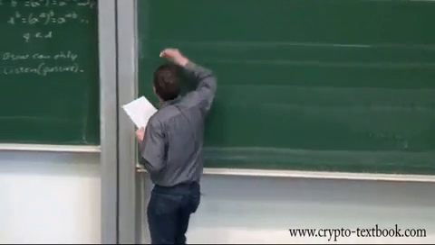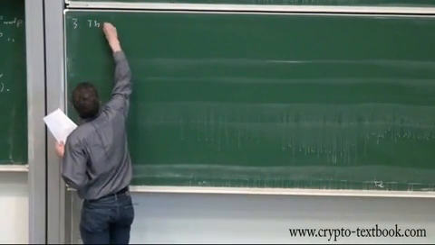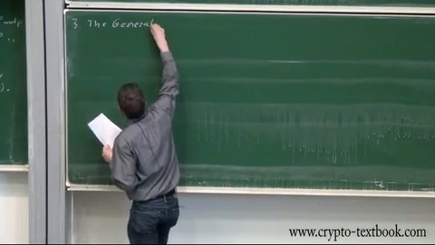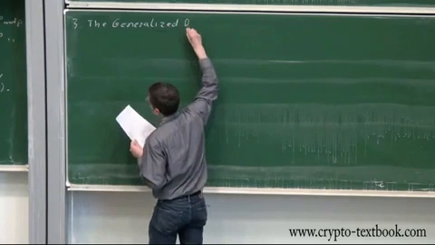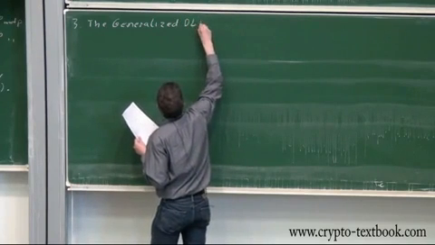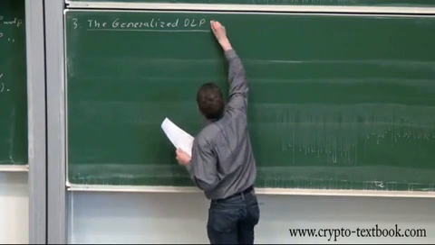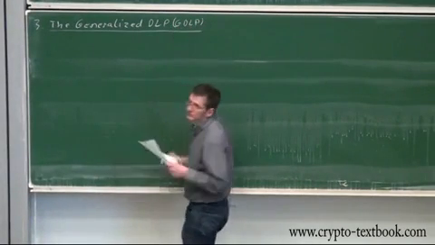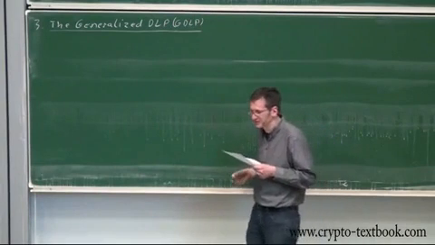Okay? So the third chapter of today is the generalized discrete logarithm problem. People who really like abbreviations, GDLP. I don't know how often that is used, but you could use it.